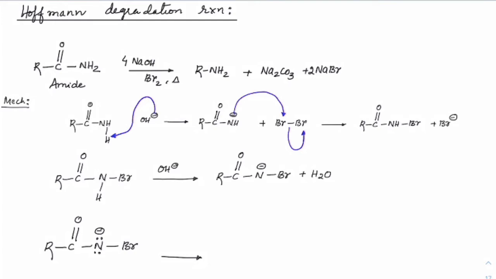So you can see we had an N-bromoamide formation, Br minus has left. Br here is being attached as an electrophile. N is attacking bromine, and it has become attached to nitrogen.